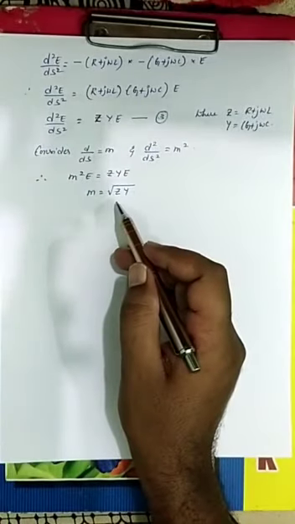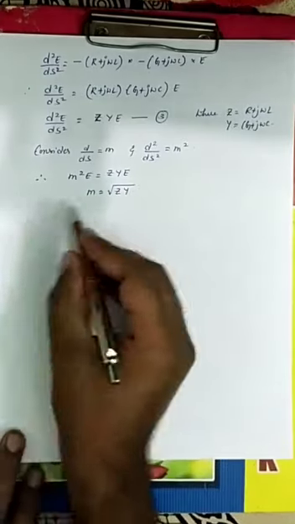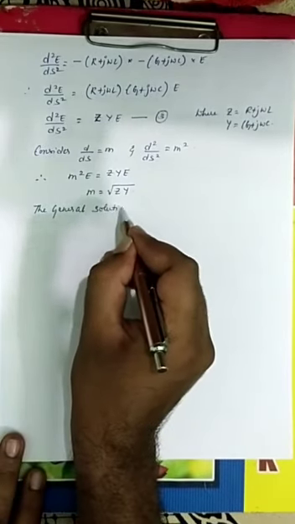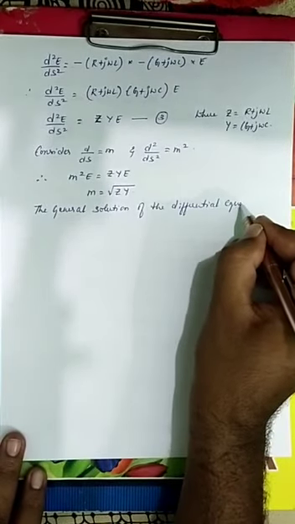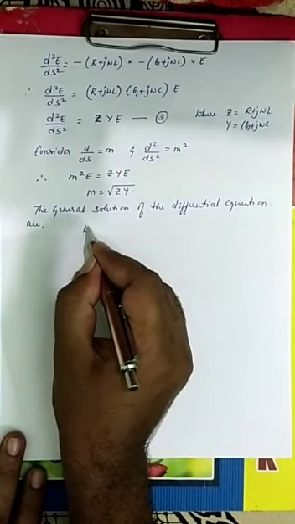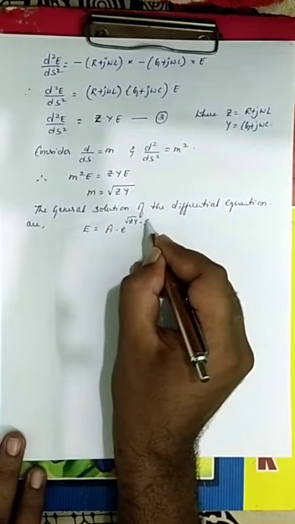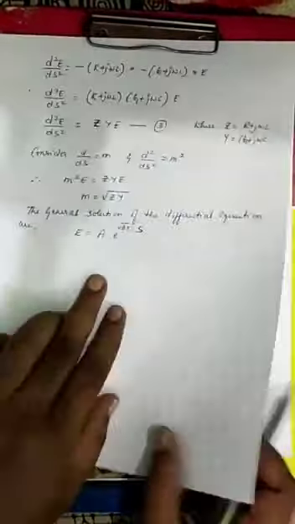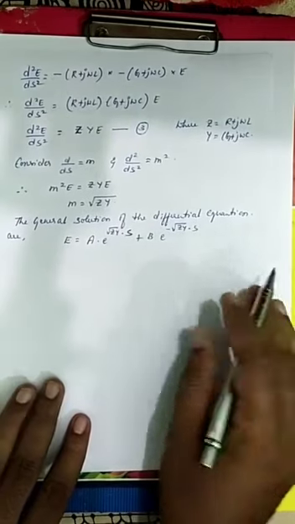The general solution, as we have studied in mathematics 3, if the roots are real and distinct, can be written as the general solution of the differential equation: E is equal to a constant A into e power square root of ZY into s, where s is the variable we have considered for the distance, plus B into e power minus square root of ZY into s.